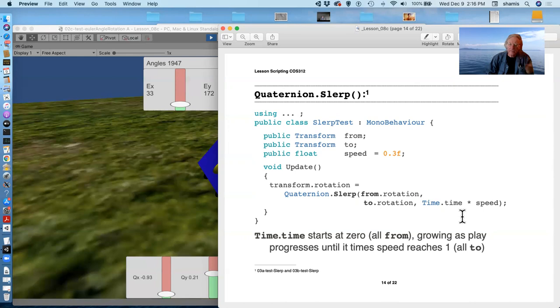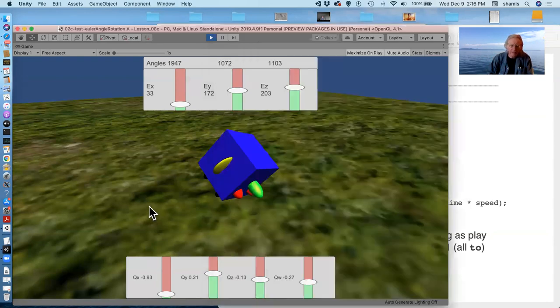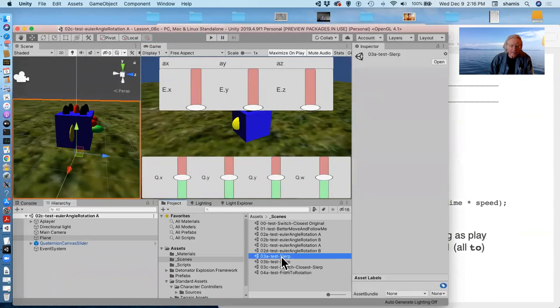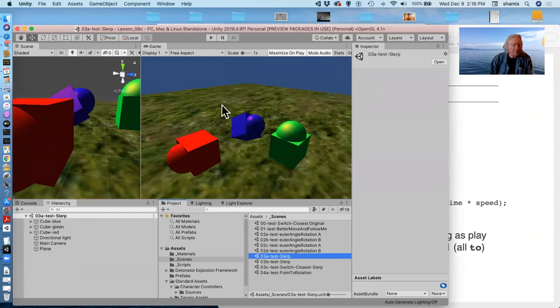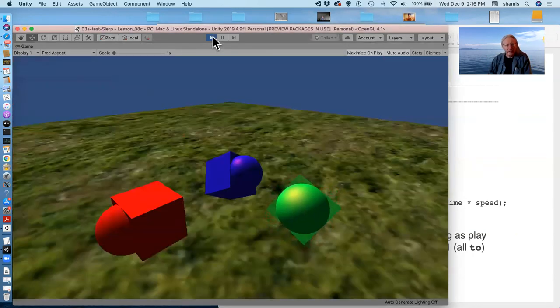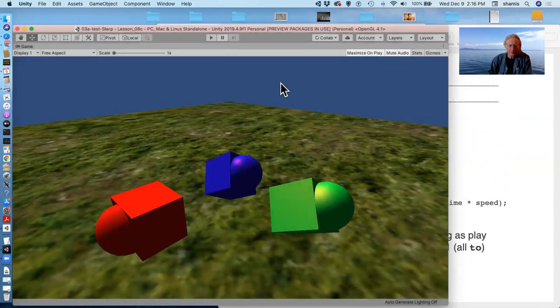And so it progresses from the from rotation to the to rotation as time passes in the game. And I believe there's an example of this somewhere here. Number 3. So here I have little objects that are rotating to, from and to.